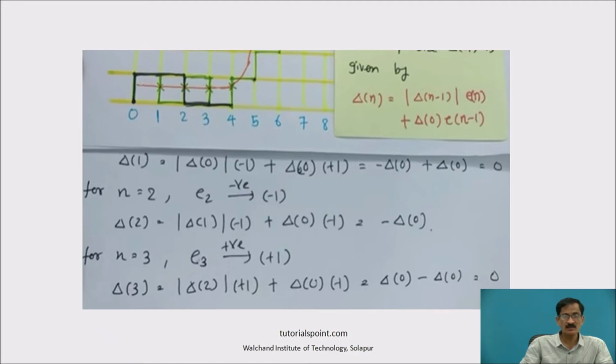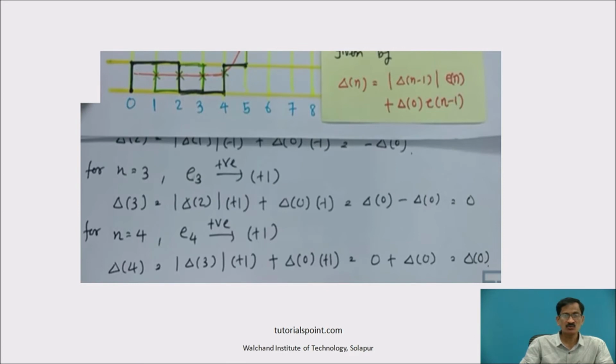Delta 3 will be the mod of the previous delta, that is delta 2, multiplied by the current error E3, plus 1, plus delta 0 into the previous error E2, that is minus 1, resulting in delta 0 minus delta 0, which will be 0. So at delta 3 there is no step increase. From 3 to 4 it remains as it is, shown by this black color.